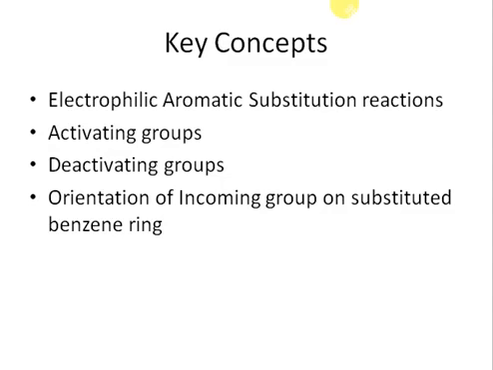Right? So next comes the activating and deactivating groups. In the previous lectures, as you have studied, any group on the benzene ring which accelerates the rate of reaction, which increases the rate of reaction, is called the activating group, right? While any group which decreases the rate of reaction on benzene ring, such groups are known as deactivating groups.